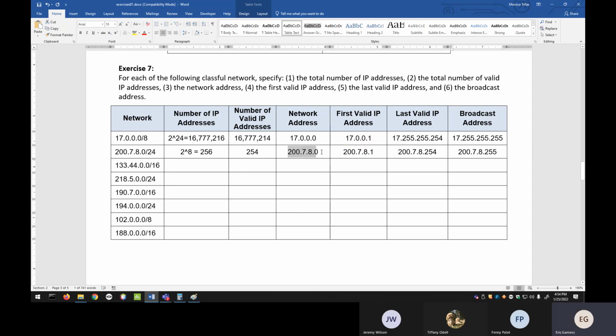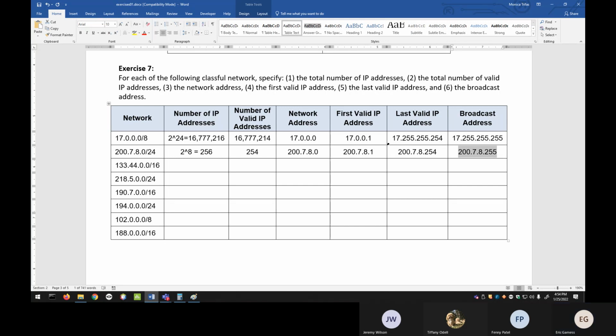From this IP address to this IP address, we have 256 IP addresses in total. Since we lose the first IP address and the last IP address, valid IP addresses go from .1 up to .254. So .1, .2, .3, .4, and so on, up to .253 and .254 are valid IP addresses, which means that I can put them in any networking device that I need to configure.